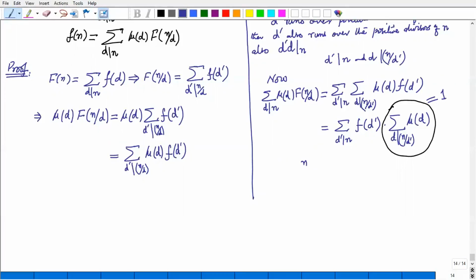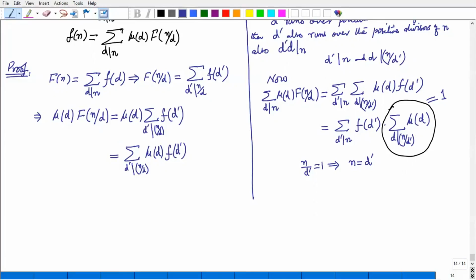So we take n by d prime equals 1, which implies n equals d prime. So when n equals d prime this sum is 1, and in all the other cases this sum is 0, and 0 will be multiplied here, and the result will be 0.